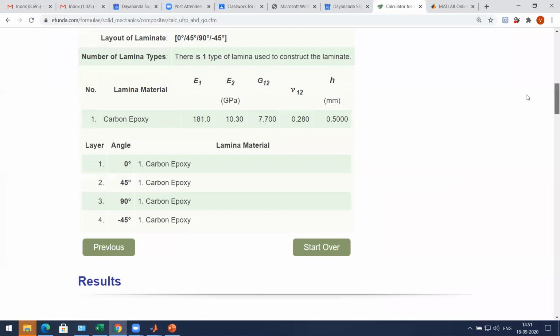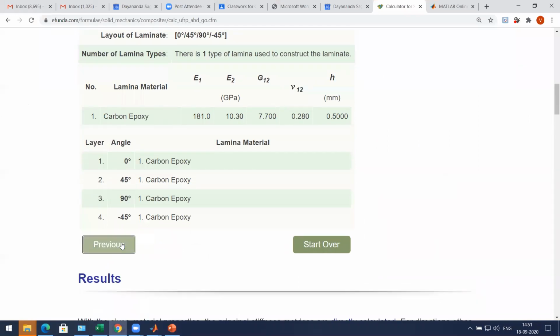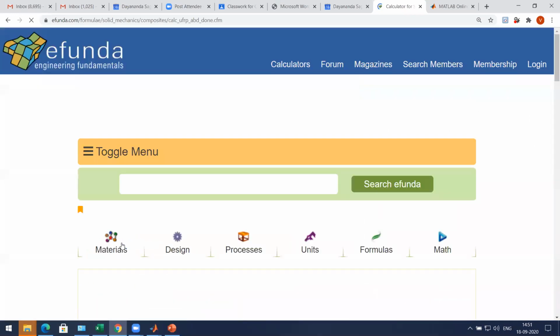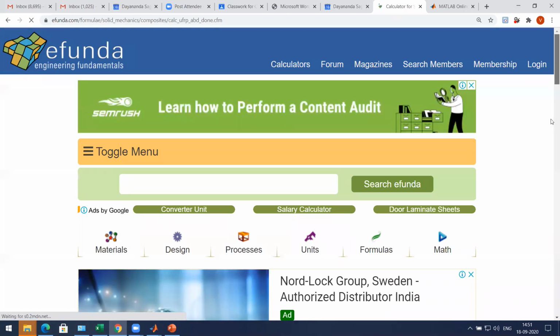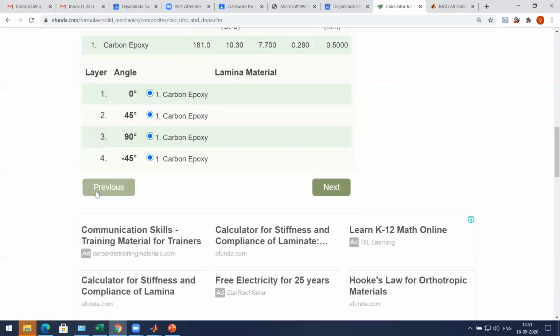Suppose I want to change something over here.